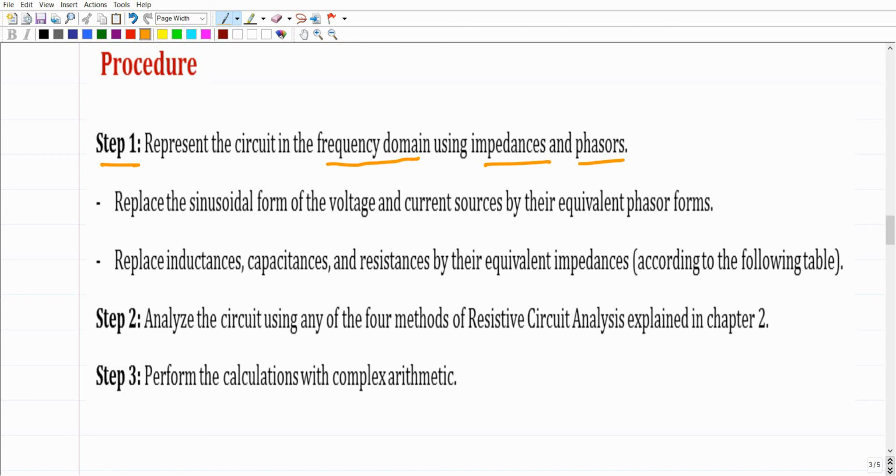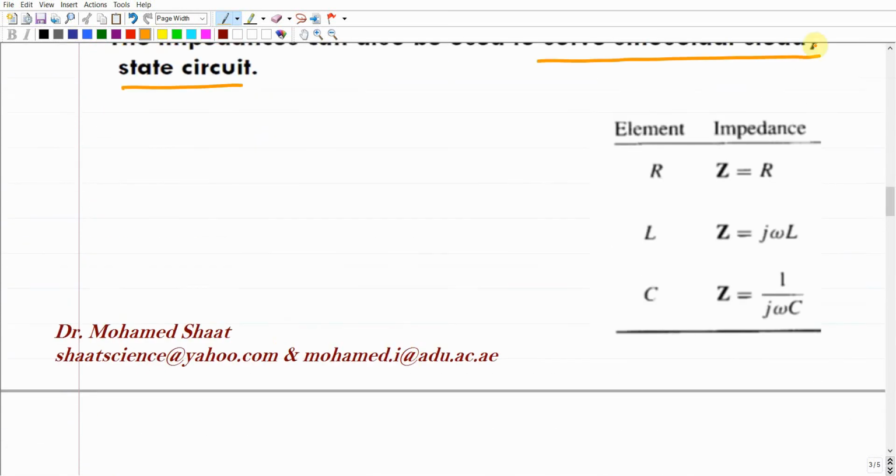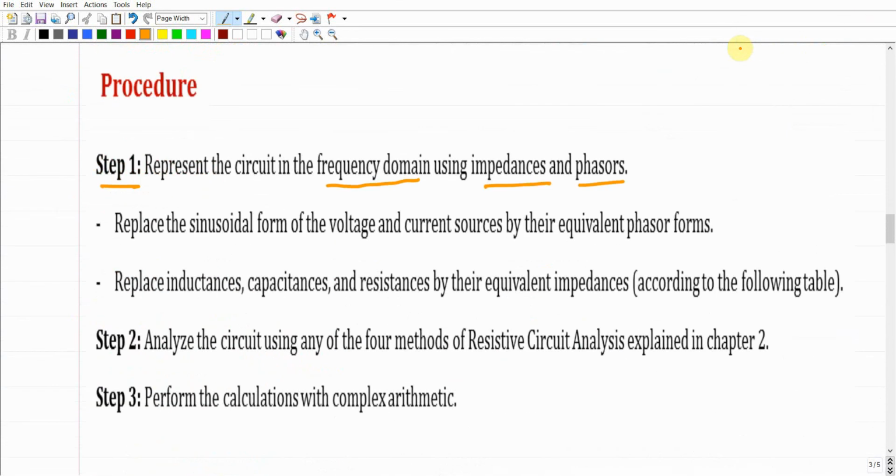This is how we can convert the electrical circuit from the time domain to the frequency domain. Simply convert any voltage and current into phasors, and convert any resistance, capacitor, and inductor into impedances. Impedance according to this table, phasors as we explained before.